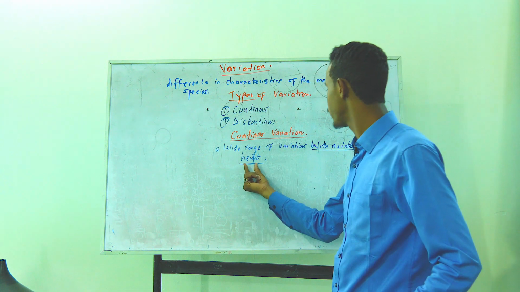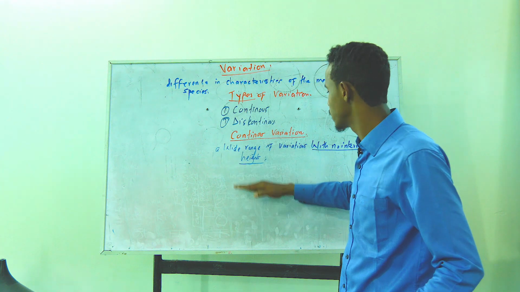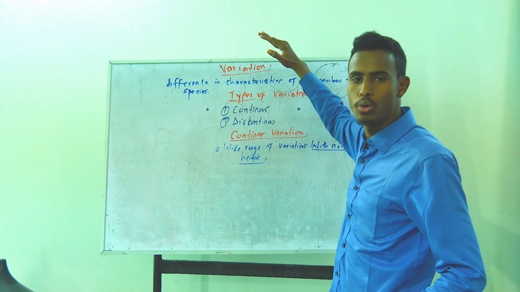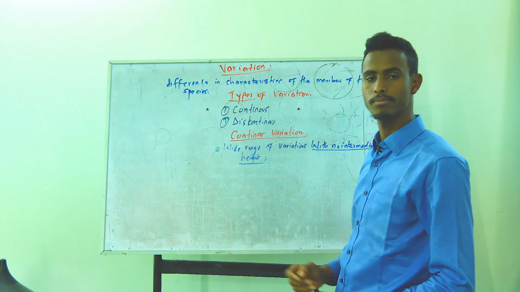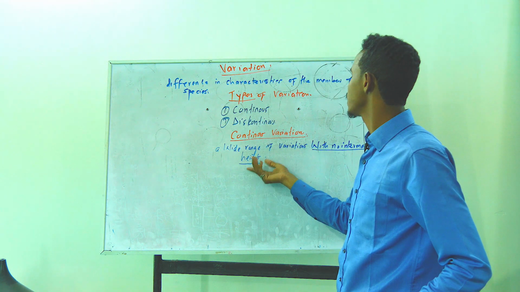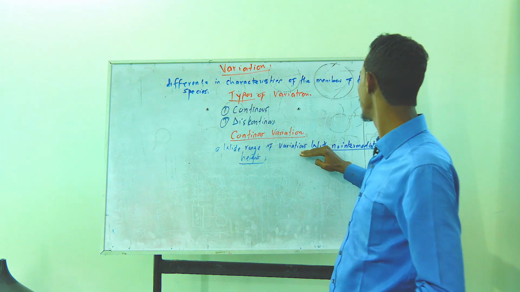Sometimes we can find an organism which is short, let's say a height of 3, 2, 5, up to higher heights. Therefore, height is among the examples of continuous variation simply because it has no intermediate.